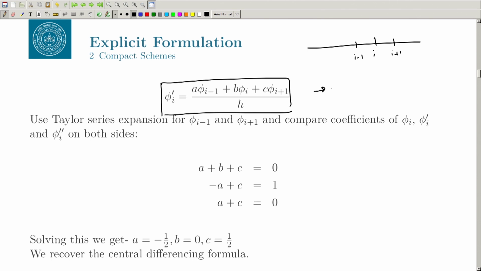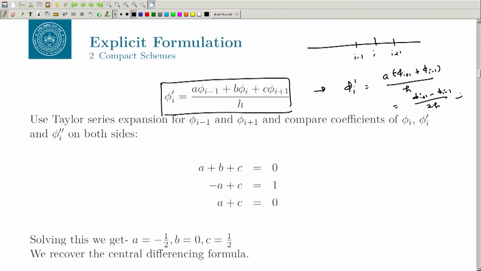So, if the scheme is on both sides of i, you can use the symmetry, and then you can write phi i plus 1 and phi i minus 1 by h, and you can calculate the value of a. You can see that a is equal to 1 by 2 in this formulation, right. So, that will become phi i plus 1 minus phi i minus 1 by 2h, right.